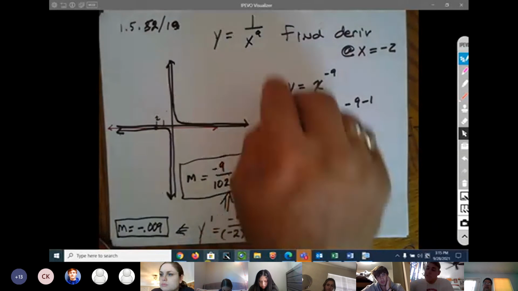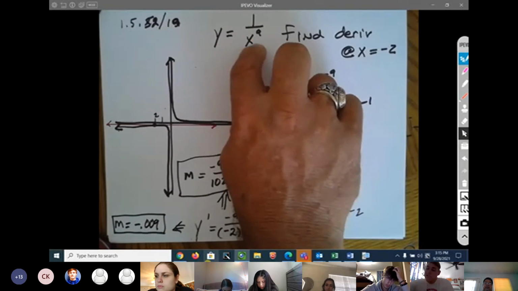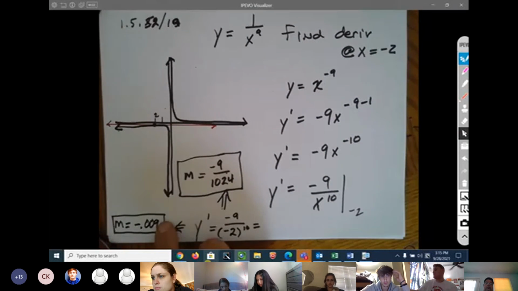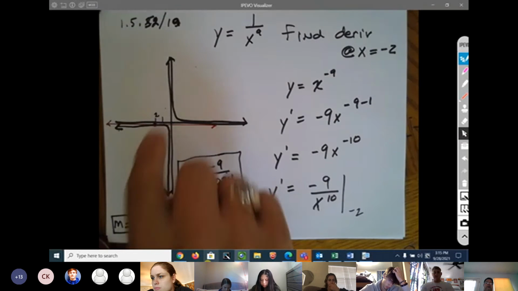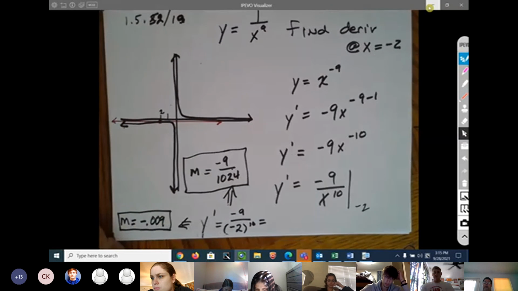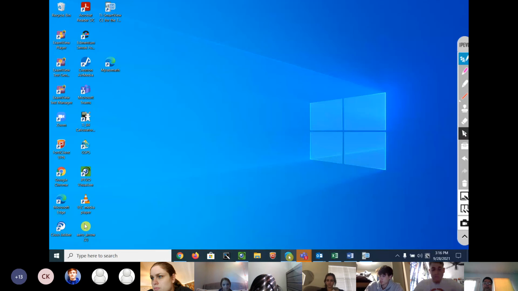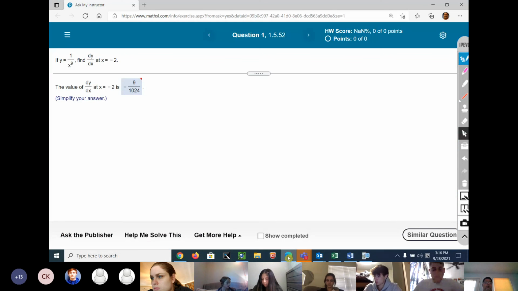That's a test question because I like to see you take the derivative and then plug the number back in to find out what the slope is of that line at that point. So let's see what they want. Yep, they want the fraction, negative 9 over 1,024. You answered yes. Okay. That's a good test question.